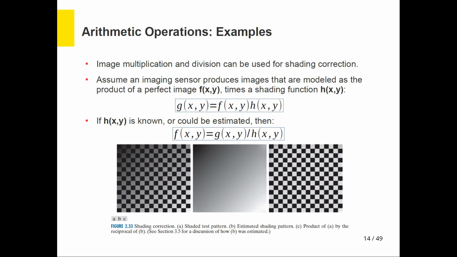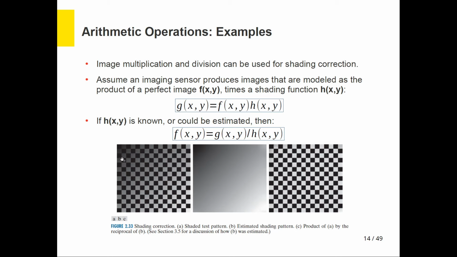Another example of arithmetic operation is when we want to correct the shading in an image. Let's assume an image sensor that produces images that are modeled as the product of a perfect image times a shading function. In this case, our output image G is the product of F, which is the perfect image, and H, which is the shading that introduces artifacts. Here is an example of a chessboard pattern that is imaged using such a sensor.